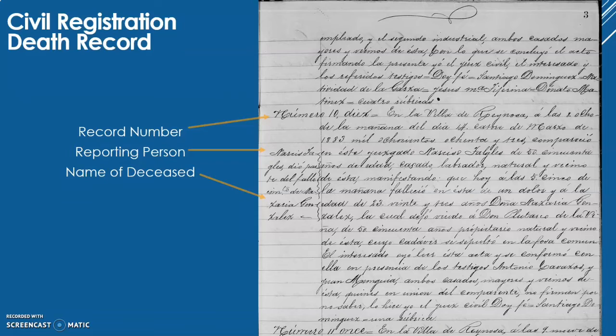What's great about this record is that you have information on the margin, which makes it easy to search through these images, versus having to look at the document one record at a time. So this makes it a little bit quicker. It has basically the same information in the writing: who the reporting person was, how old they were, when this person died, and so forth. And at the end, it does list the witnesses as well.